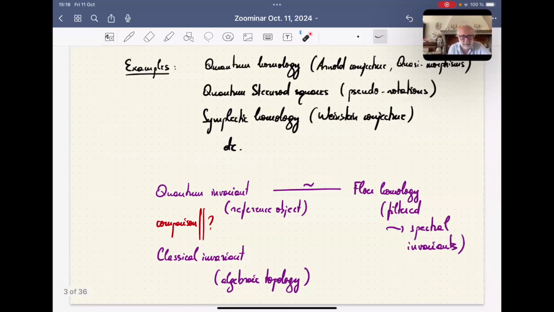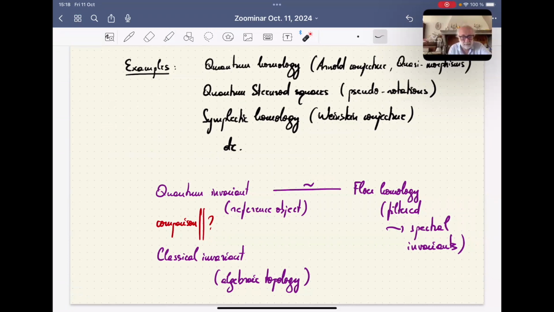Here are examples, like quantum homology, which has implications to the Arnold conjecture or, for example, to quasimorphisms. Most recently, quantum Steenrod squares. When they differ or do not differ from the classical Steenrod squares, they have implications to understanding pseudorotations.